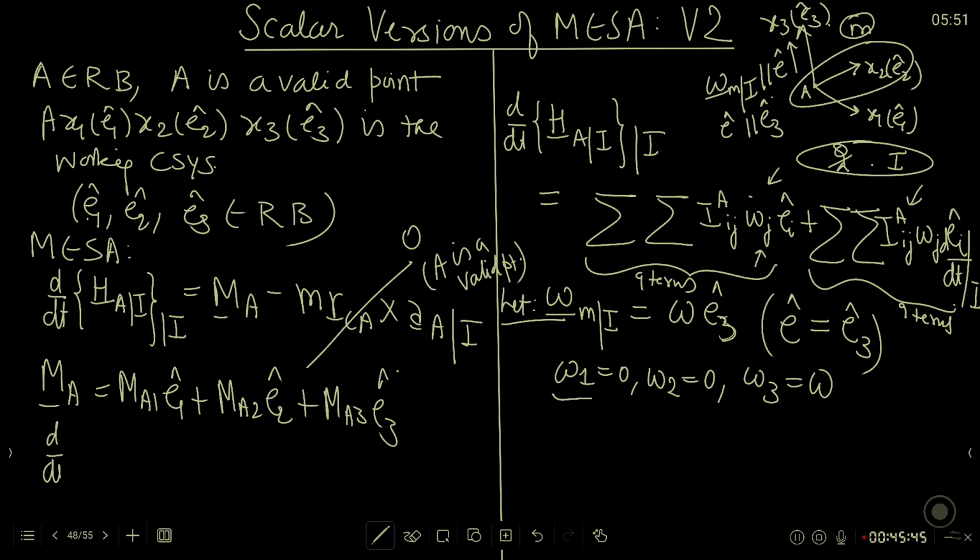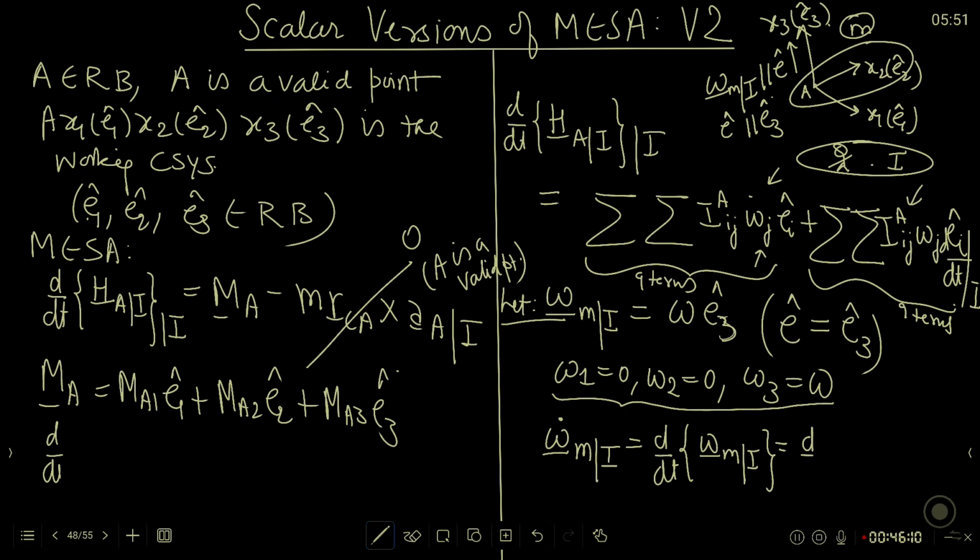What will be omega dot mi for this body? It will be d dt of omega mi, which is d dt of omega times E3, which is omega dot E3 plus omega dE3 dt I, which is 0.